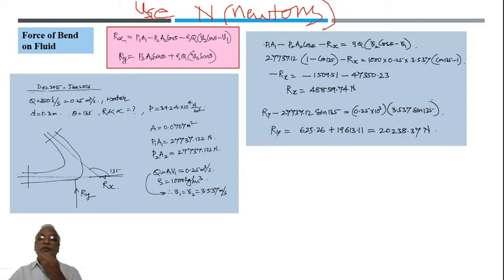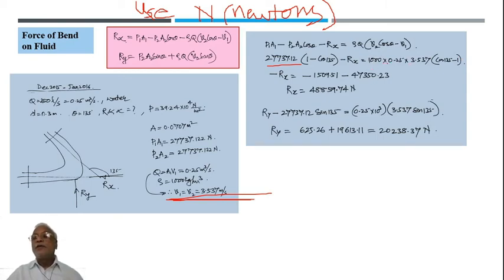Now P1A1 I have calculated, I'll substitute. P2A2 is also the same, because of that it is taken common. 1 minus cos 135 minus Rx. Here it is Rx. Rx is equal to rho, that is 1000. Q is 0.25 given. This velocity again remains the same, V1 equal to V2. That's why 3.537 is taken common. Inside you get cos 135 minus 1.